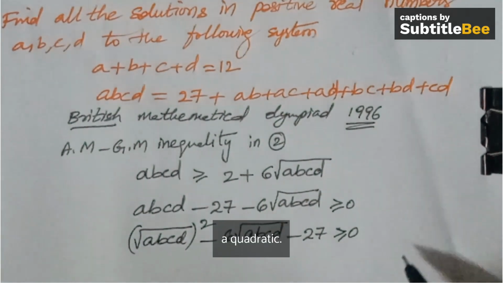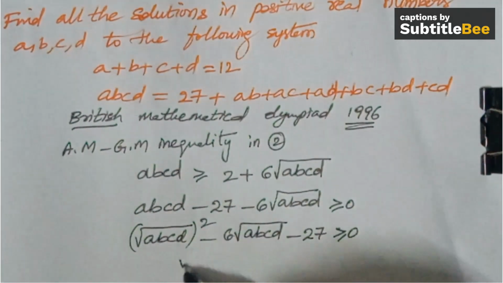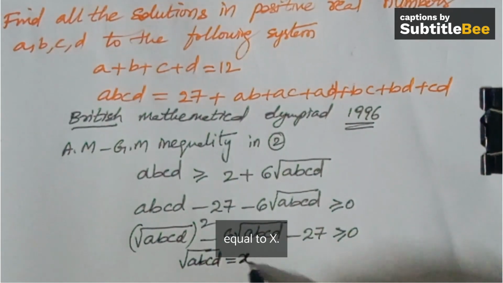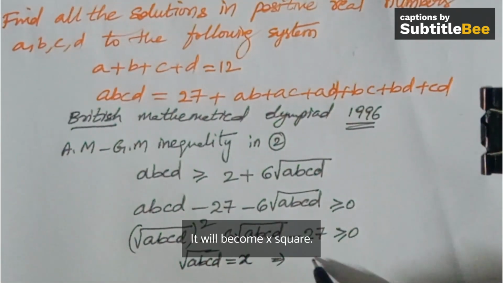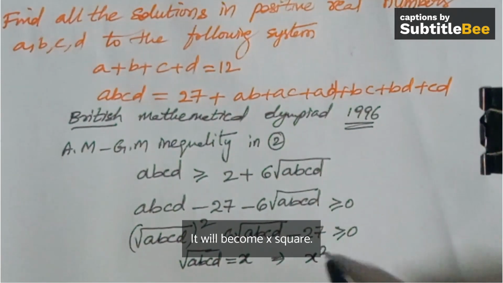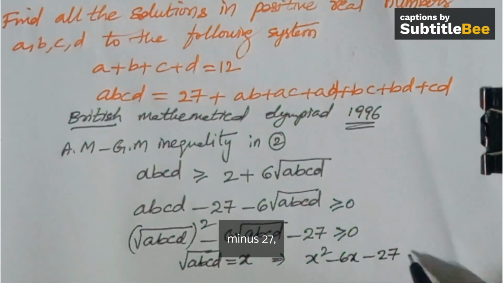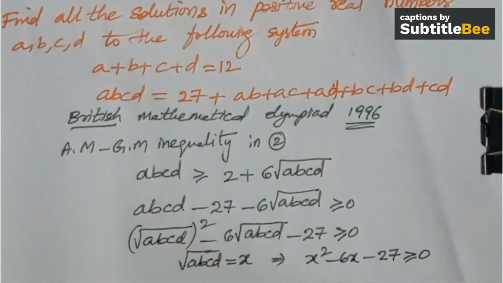So here it is a quadratic. Take root of ABCD is equal to x. It will become x square minus 6x minus 27 greater than or equal to 0.